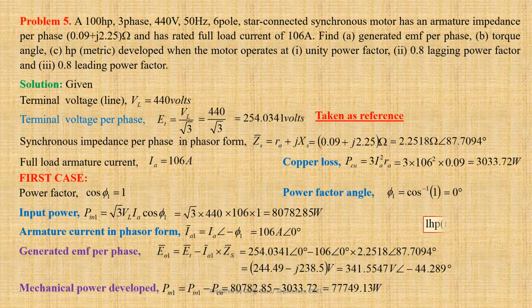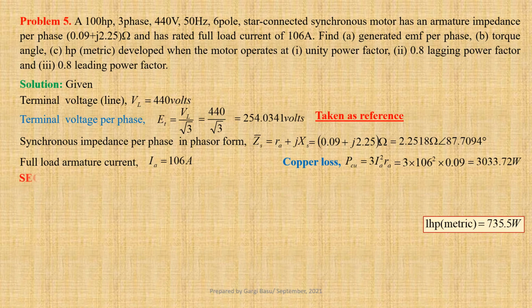Since 1 HP metric equals 735.5 watts, we get PM1 equals 77,749.13 divided by 735.5, that gives us 105.71 HP metric.